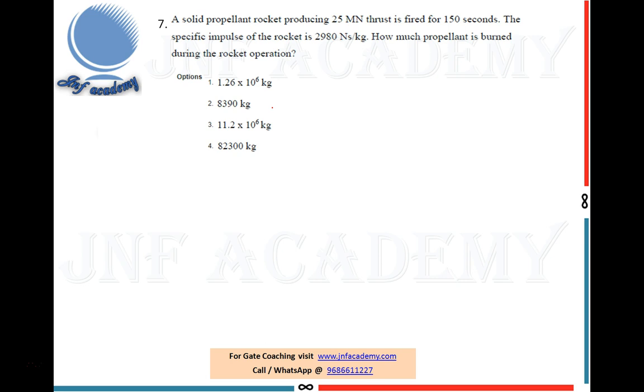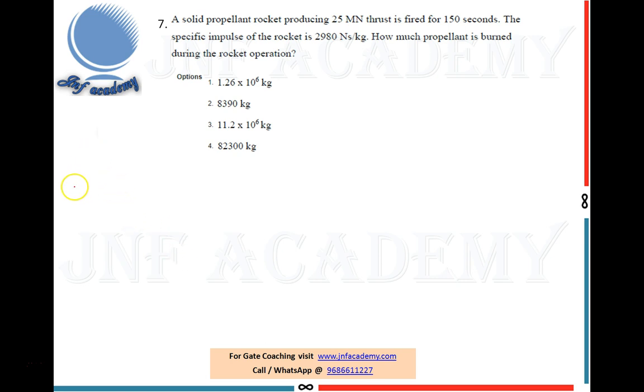Now, how much propellant is burned during this operation? During this 150 seconds of operation, the rocket has produced 25 meganewton, and the specific impulse is given. To produce this much thrust for 150 seconds, with 2980 specific impulse, how much propellant do you have to burn? That is the amount of propellant that has been burned.